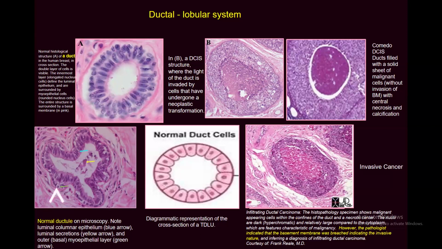Now in DCIS, you can see that in the center the duct is obstructed by necrotic debris.